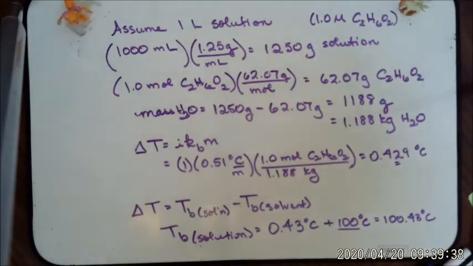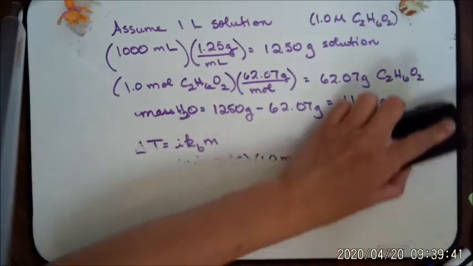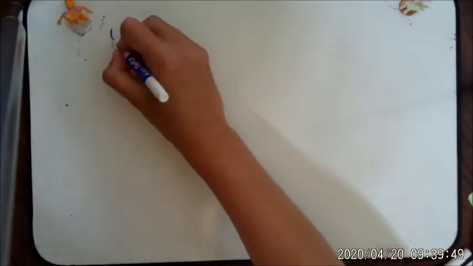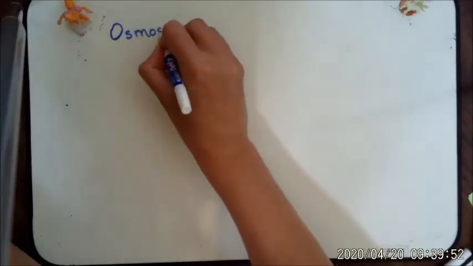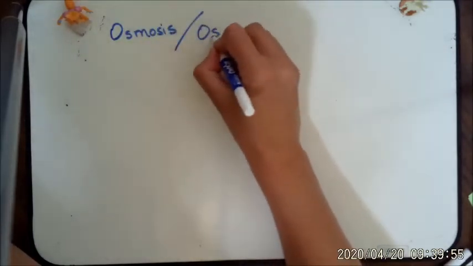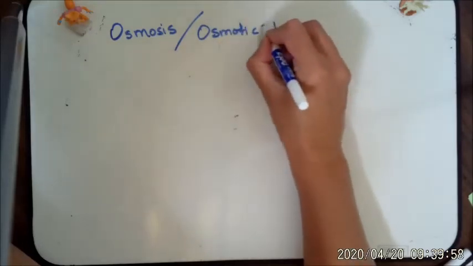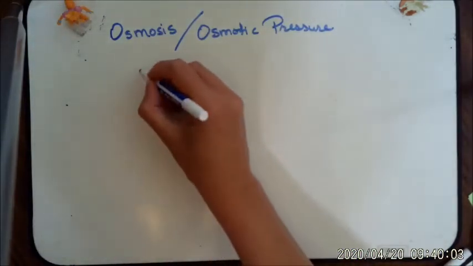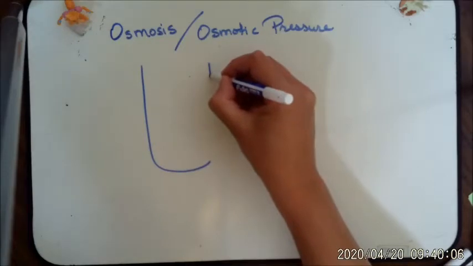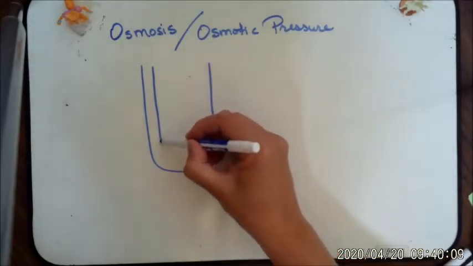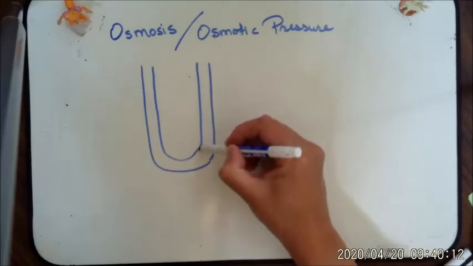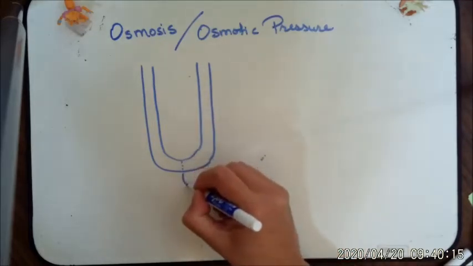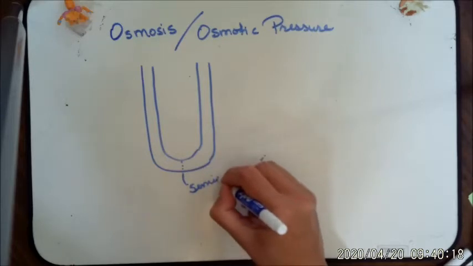All right, so let's move on to our last colligative property. It's called osmotic pressure. So if I have a tube that's in the form of a U, and this is a semi-permeable membrane.